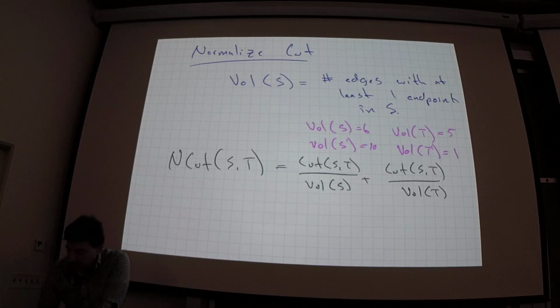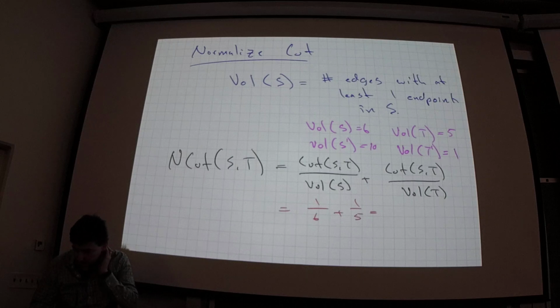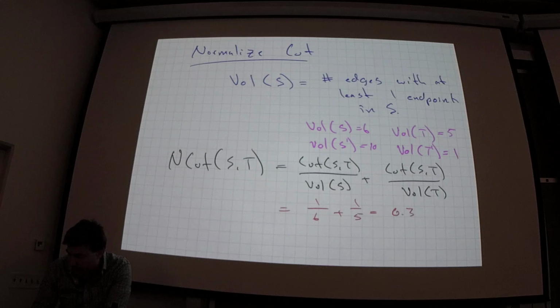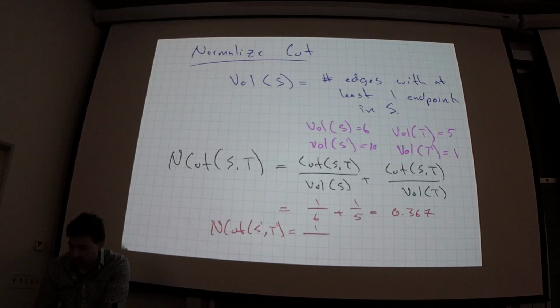Okay, so if I look at this, the cut in terms of S, T, right? So remember, the normalized cut of S, T is going to be 1 over 6 plus 1 over 5, which is going to be about 0.367, whereas the normalized cut of S prime, T prime is going to be again 1 over the volume of S prime, which was 10, right?